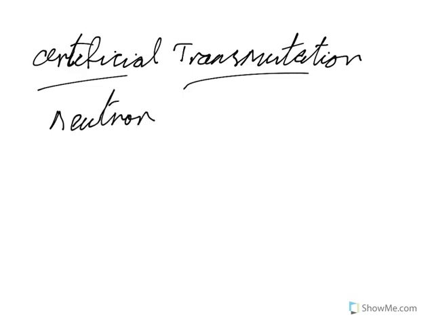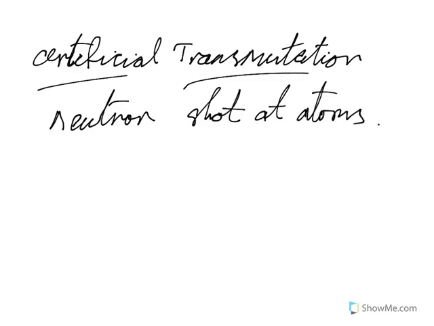So artificial transmutation is what we do, and that's our missing words there. It uses neutron bombardment. What does that mean? We shoot a neutron at the atoms.